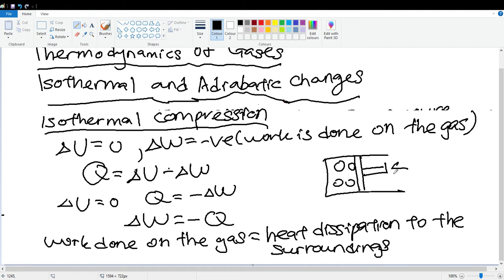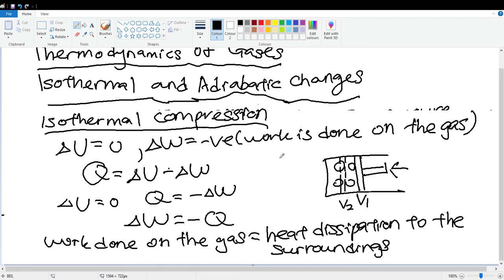So let's say I push my piston from V1 and decrease to V2. Since the volume is decreasing, the internal energy of the gas will increase.